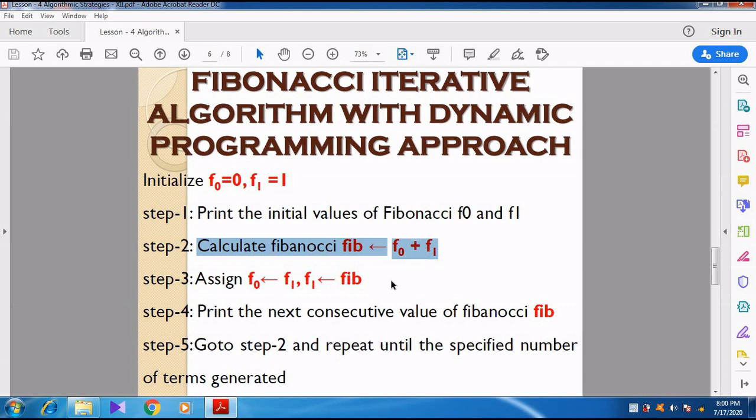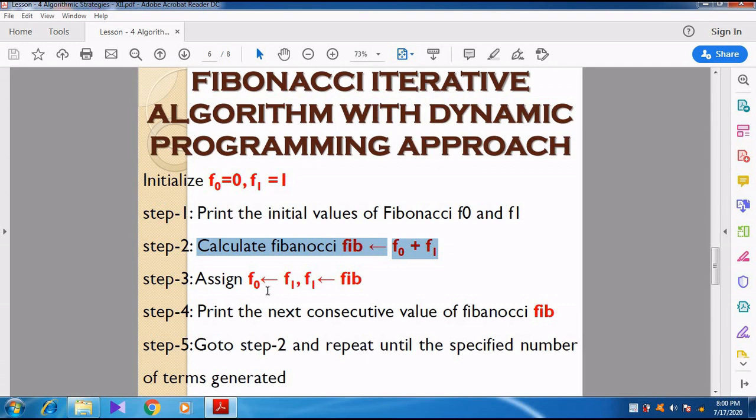And then they are changing the values. First of all, they add the zeroth value and first value. That means 0 plus 1 becomes 1, so fib becomes 1.